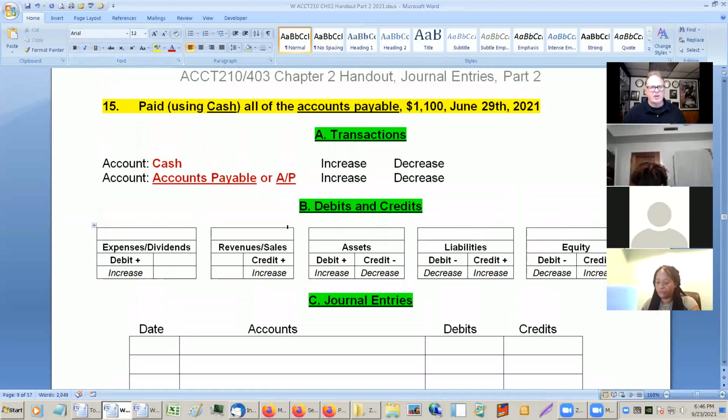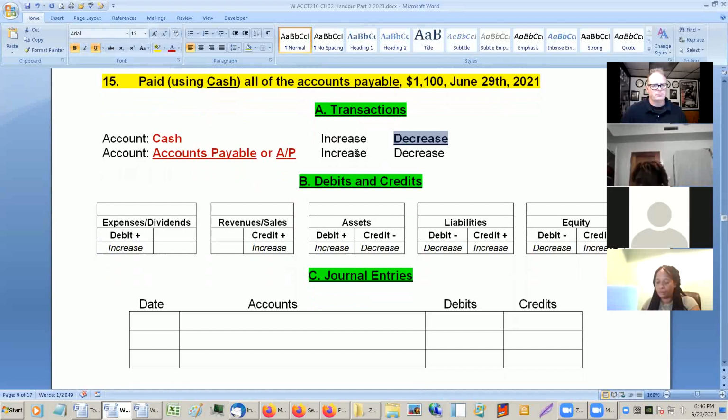Okay, cash, going up or down? Down. Accounts payable? Down. Okay, cash is an asset. It's going down, will that be a debit or credit?